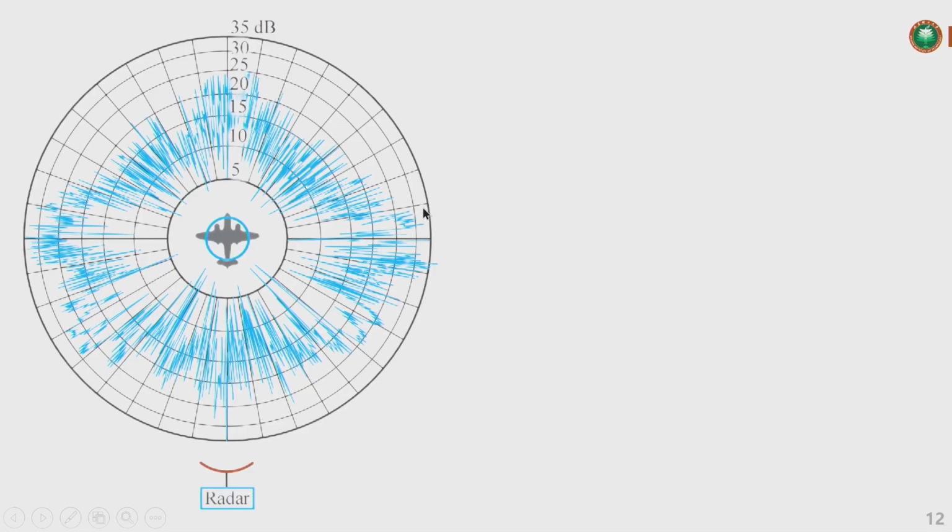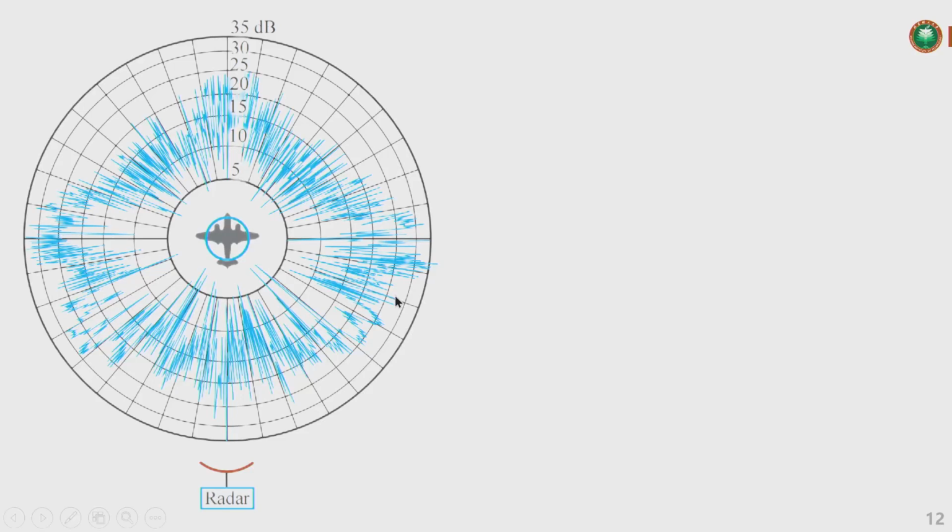It varies. So for different parts of it, we get different radar cross sections based on its shape and also its material. If we set it to be a point, we can only get the average value of that.